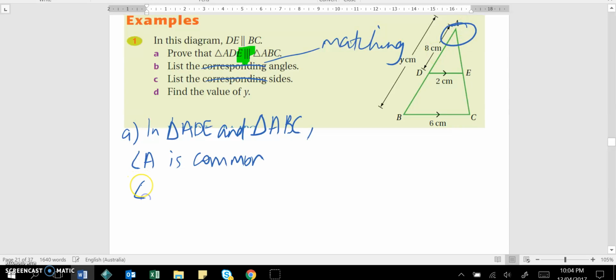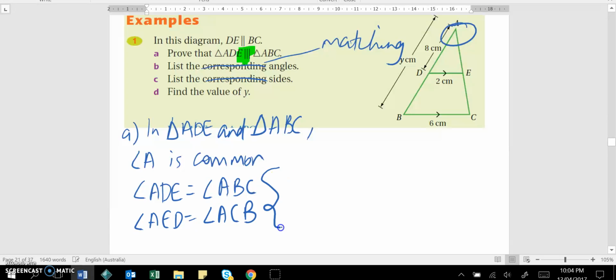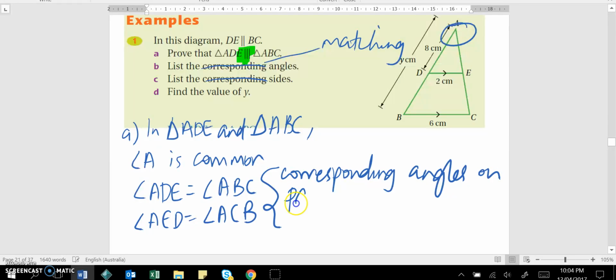Then I'm going to say angle ADE equals angle ABC, and angle AED equals angle ACB, and my reason for both of those is corresponding angles on parallel lines are equal. So the cool thing is I don't even have to find out what they are. I can just know from this theorem that that's true.